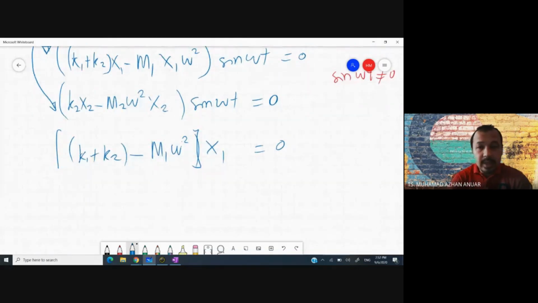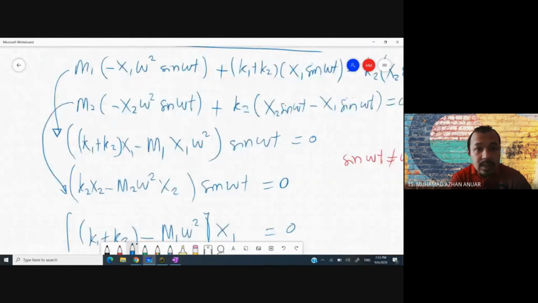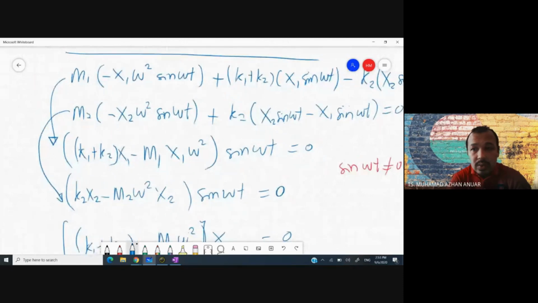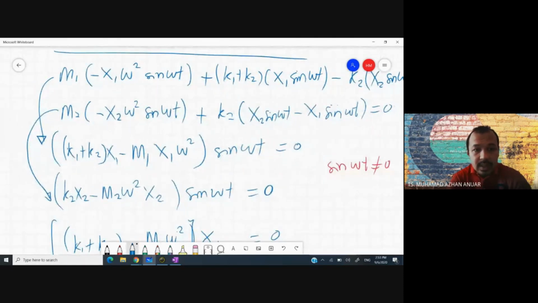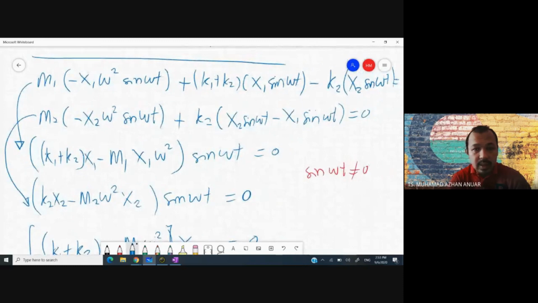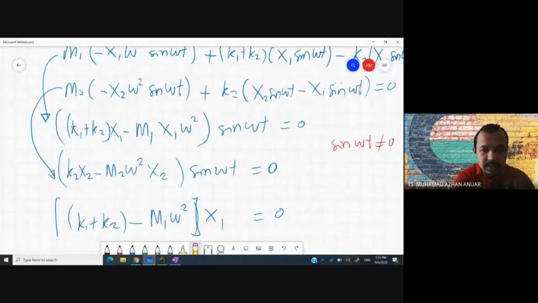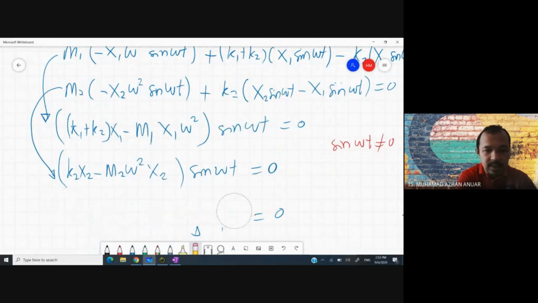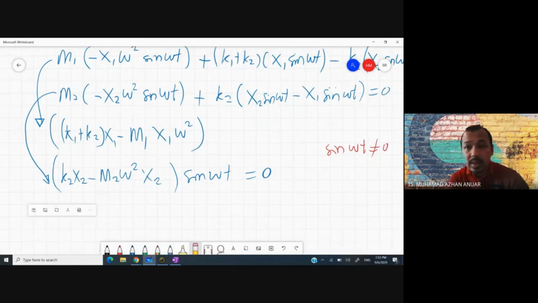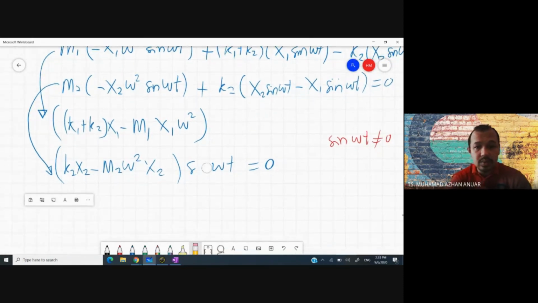Oops, okay, so you have x2 over there. I forgot that one. Sorry, my mistake there. So let's delete this again. Okay, so you have x2, two terms here.